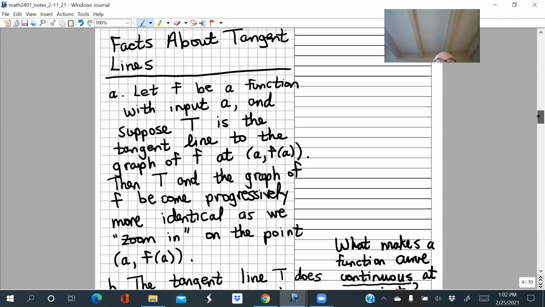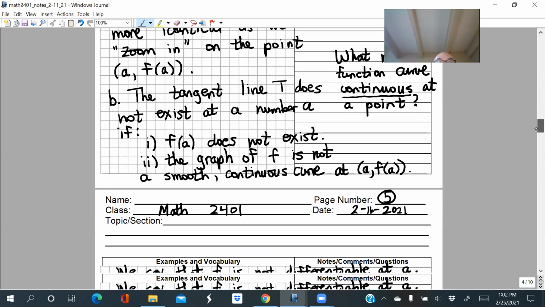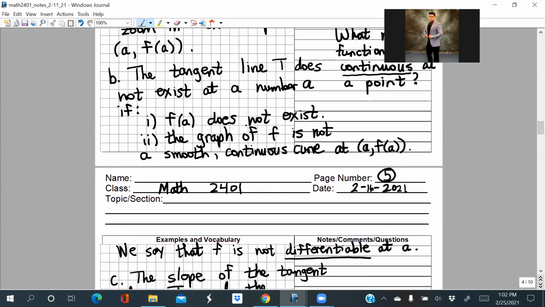Now, I listed here some facts about tangent lines. I think we already discussed most of these things, but I want to point out one thing. Curves don't always have tangent lines at particular points.